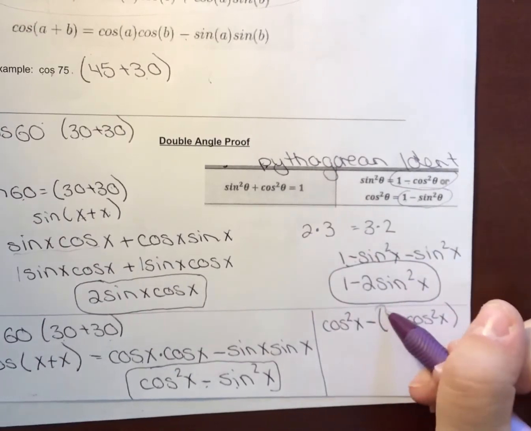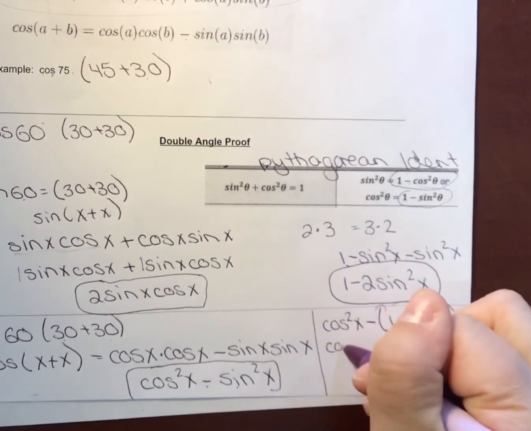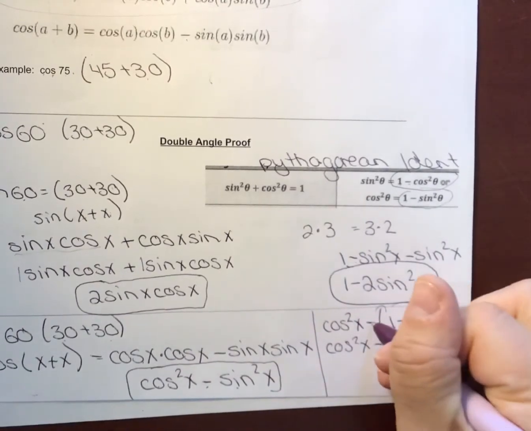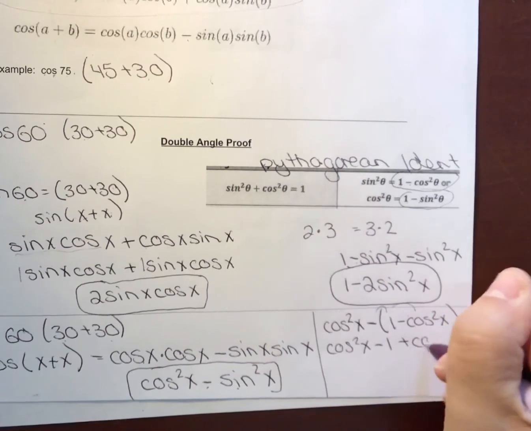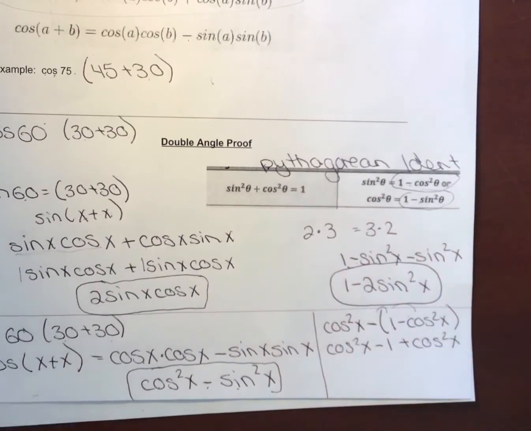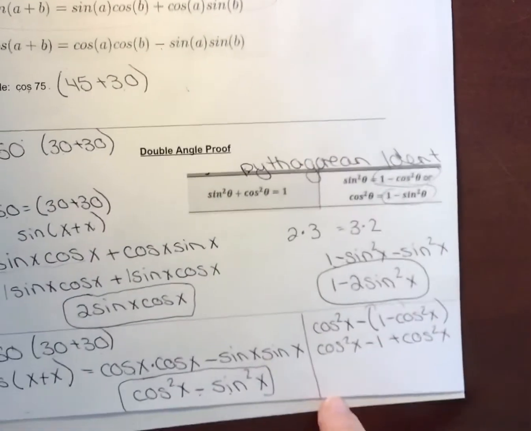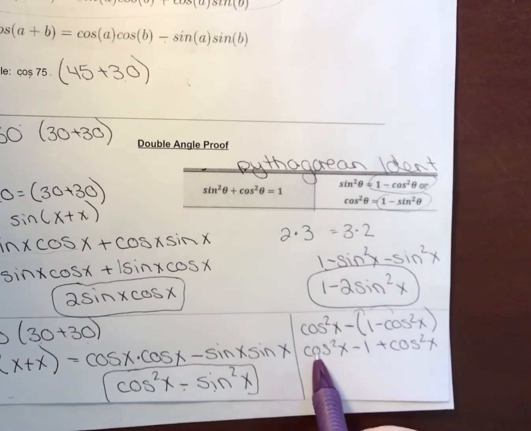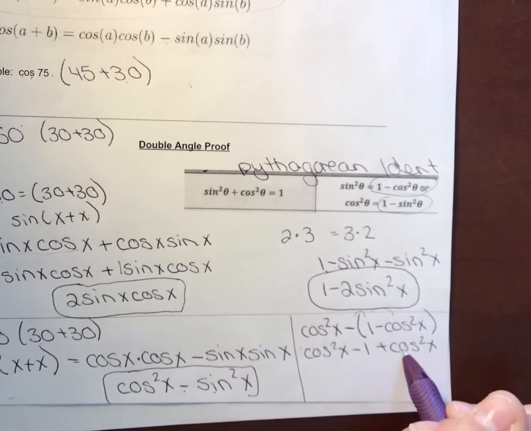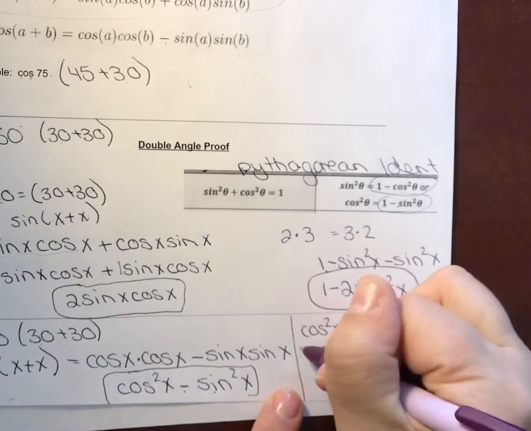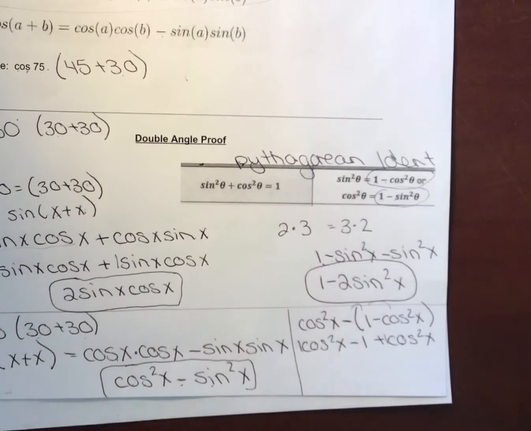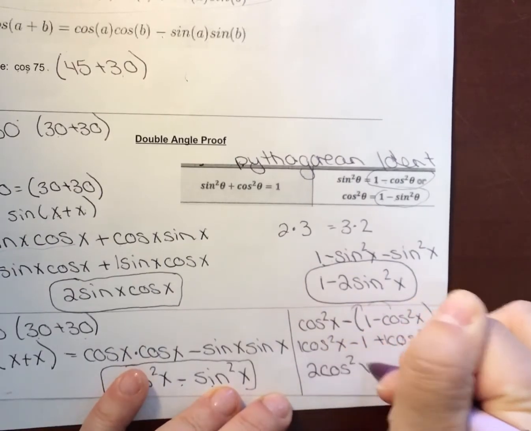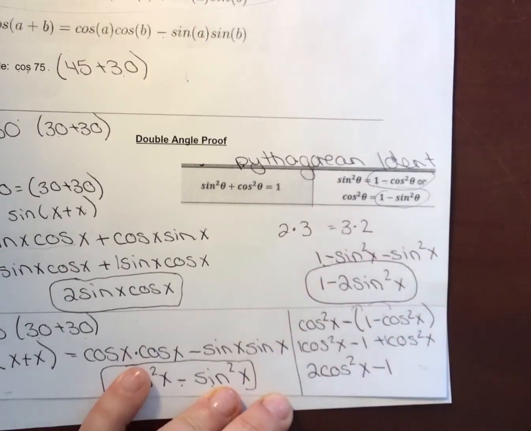Distribute this negative, so we have cosine squared x minus 1 plus cosine squared x. This whole thing simplifies to 1 cosine squared x plus 1 cosine squared x, which is 2 cosine squared x, and then minus 1.